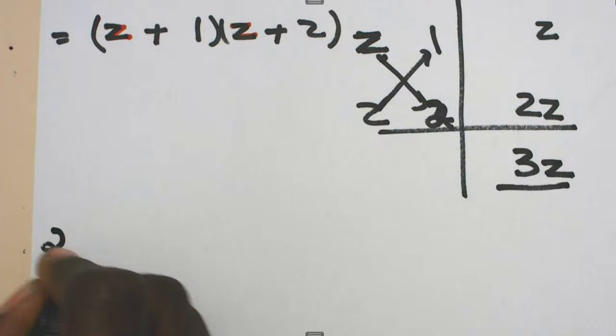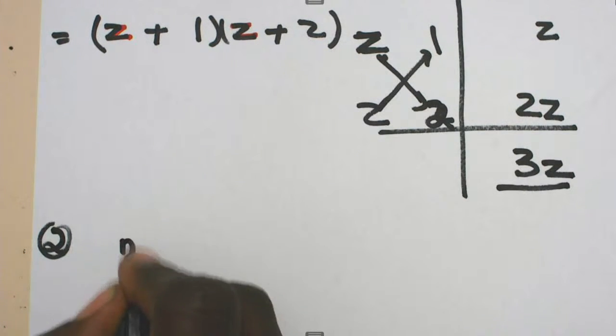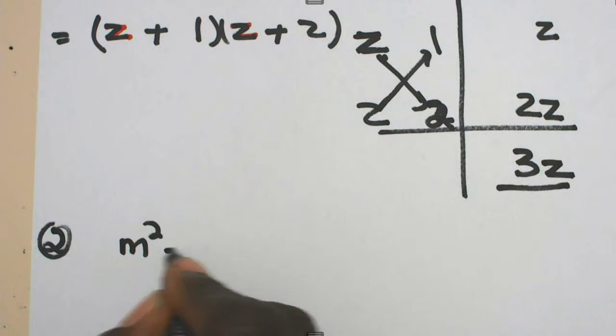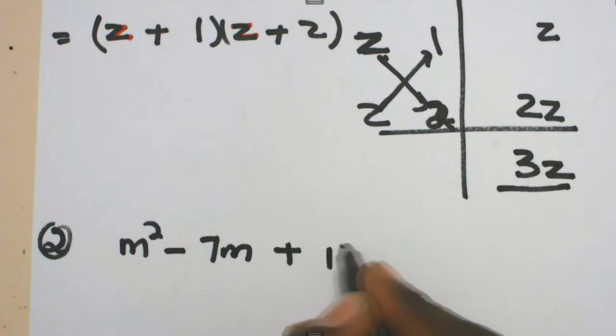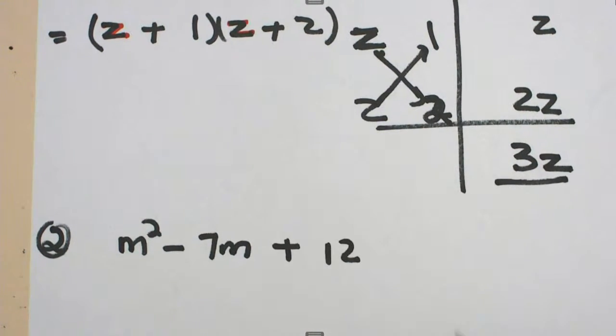Number 2 under trinomial was m squared minus 7m plus 12. So from here, you go to the table. It will be m, and 3, 4.